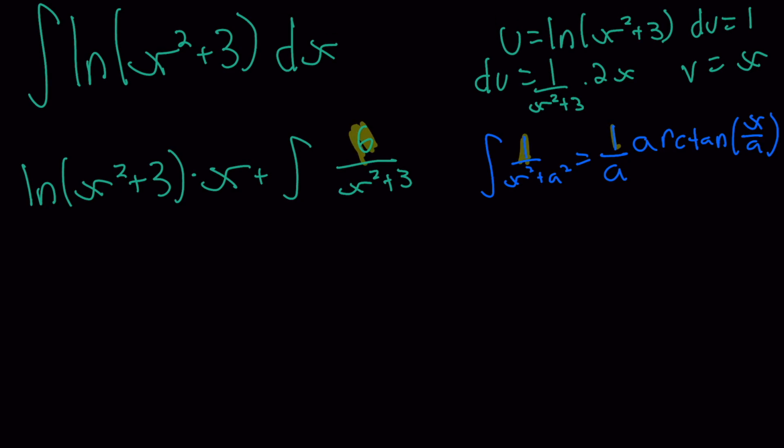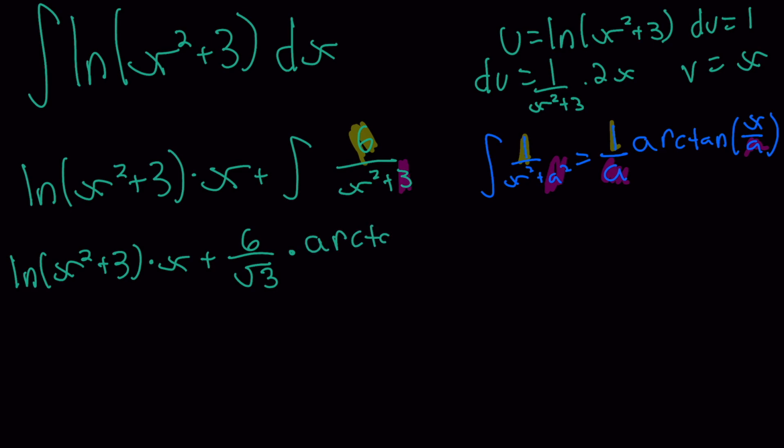Oh, that's an ugly yellow. I'm sorry about that, guys. Let's try and change that. So what this really looks like is, I'll write the whole thing out. Times x plus, so this is going to equal 6 over square root 3 times the arctan of x over square root 3.